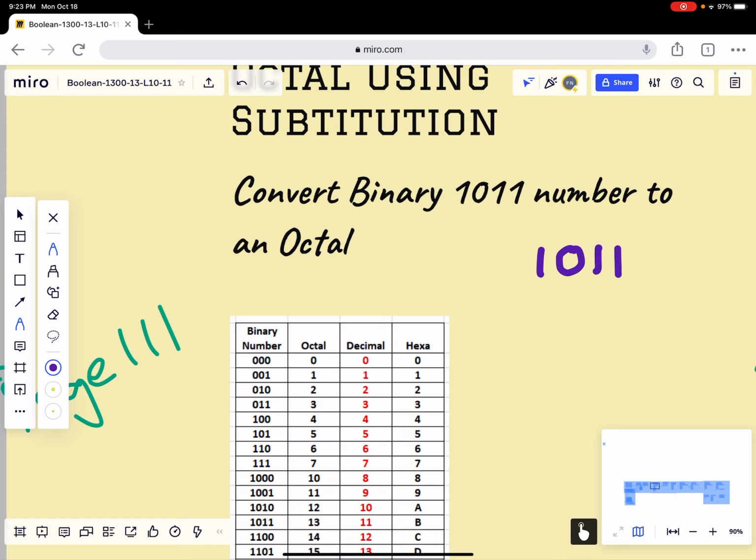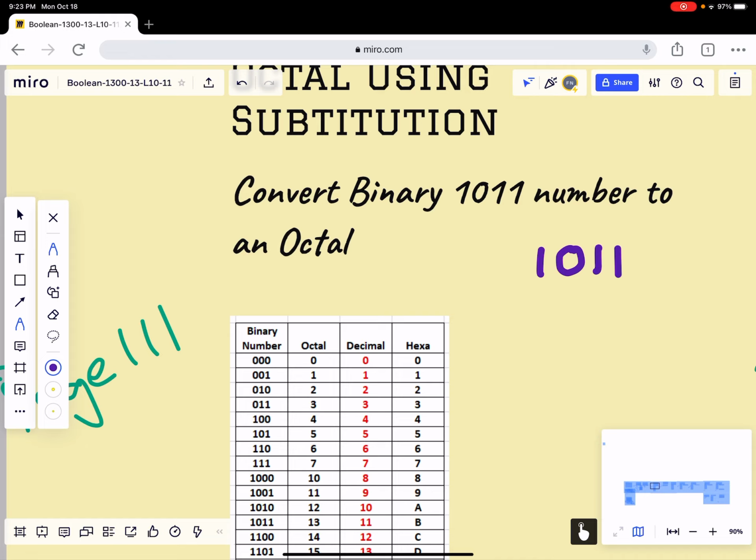This is a binary number. In order to convert to octal, you form groups of 3 bits starting from the right. Add 0 to the left if needed, and convert each 3-bit group to an octal digit using the table.